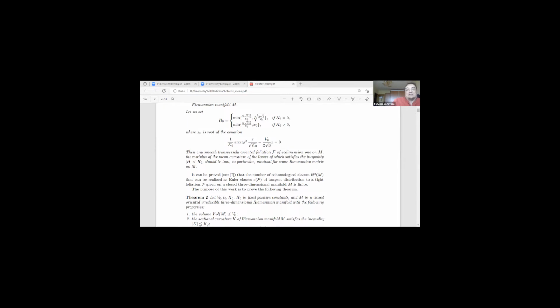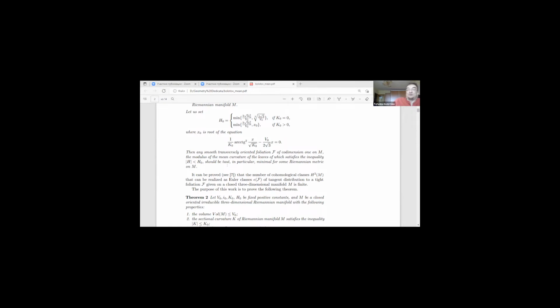Then for a smooth transversally oriented foliation of codimension 1, the modulus of mean curvature of leaves has such a property that the modulus of mean curvature is less than H0, should be taut.